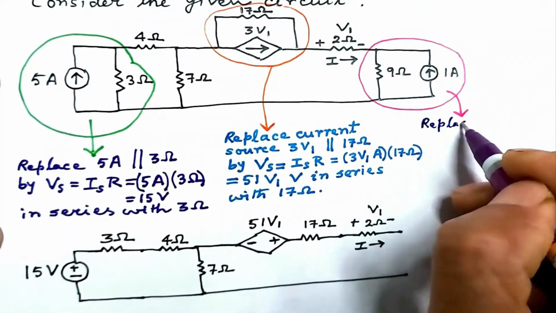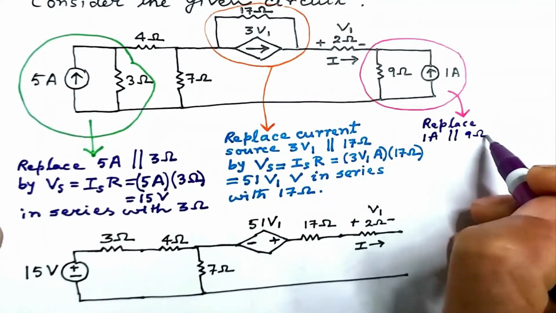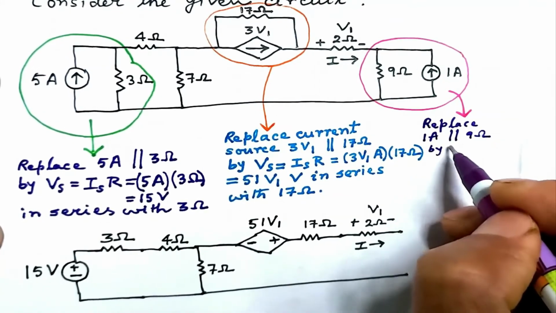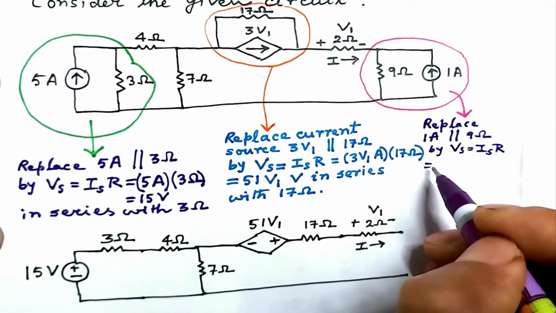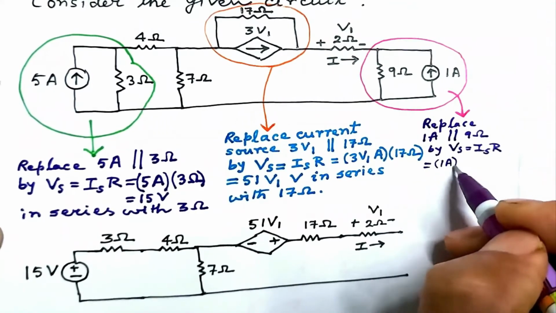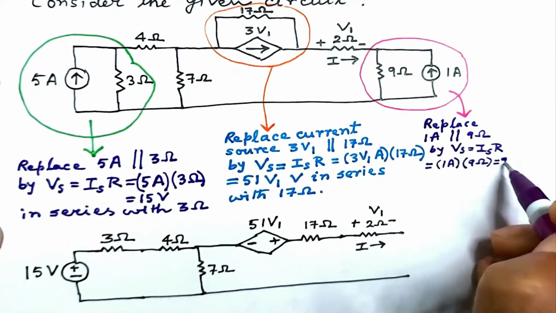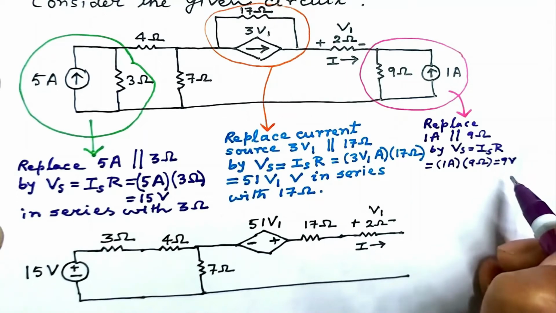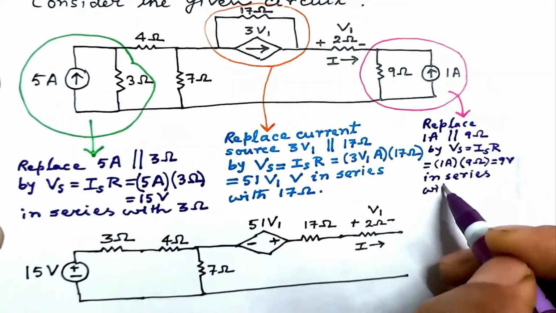We would replace the current source 1 ampere parallel to 9 ohm resistance by a voltage source Vs equal to Is into R. Now Is here is 1 ampere and R is 9 ohm. So we get Vs to be 9 volt, and for equivalence it has to be in series with the 9 ohm resistance.